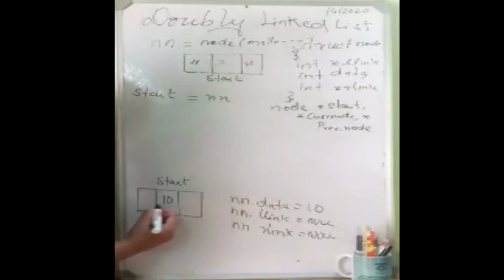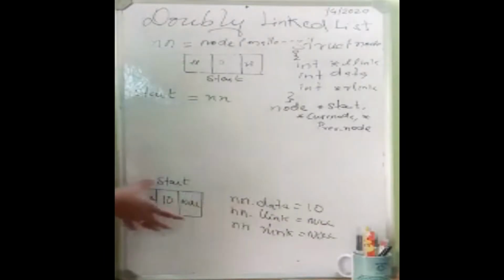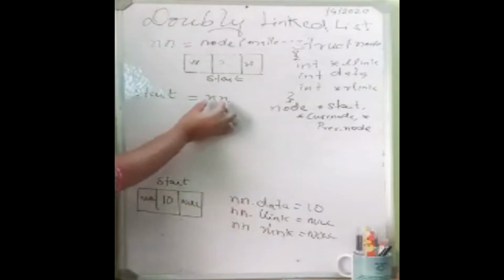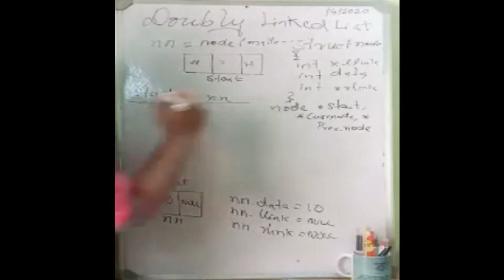So your structure will be like this, null and null. After this, you are going to assign the address of the new node to start, right? So for this node we have two pointers, one is new node, the other one is start node, right? Now this is the first step.